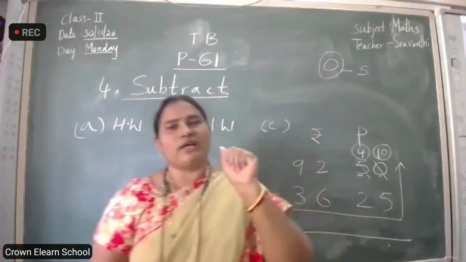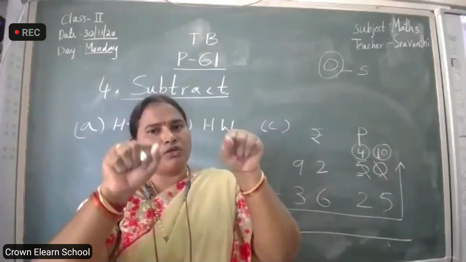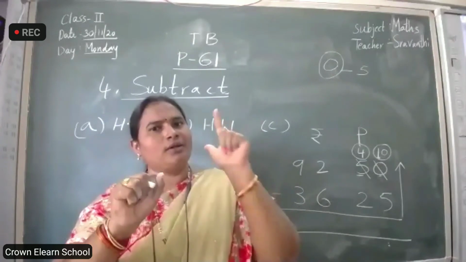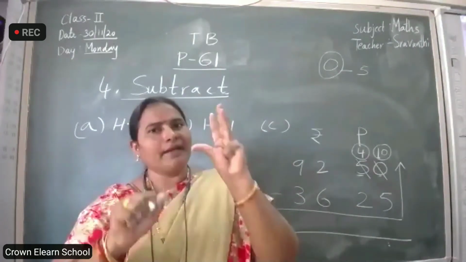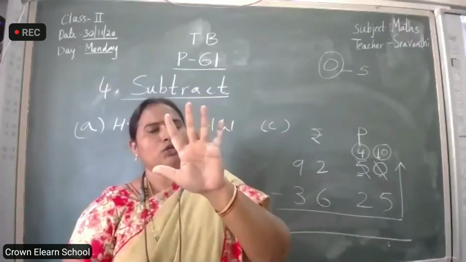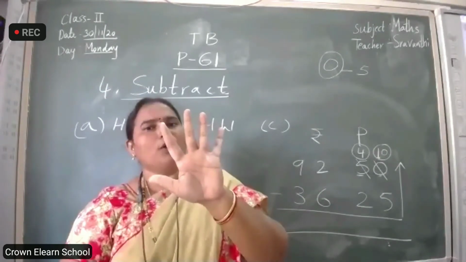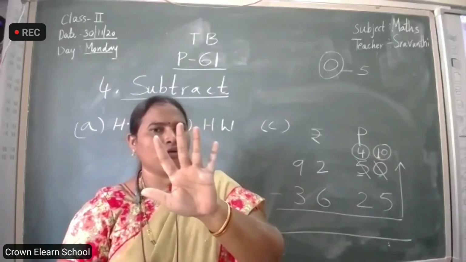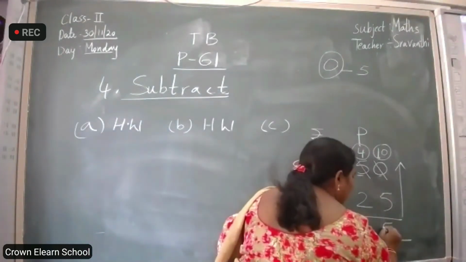Let us do fast. 5 after. Close your fingers and say forward counting. 5 after, 6, 7, 8, 9, 10. Look at your fingers. How many fingers are open? Did you get the same 5 only now? Let us write 5 here.